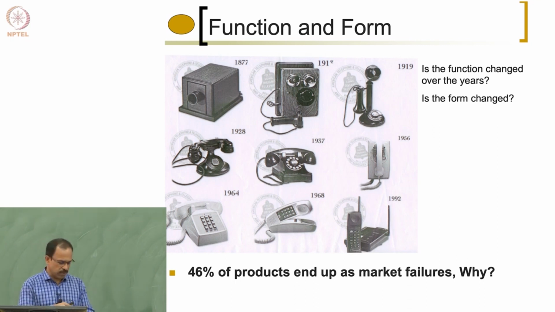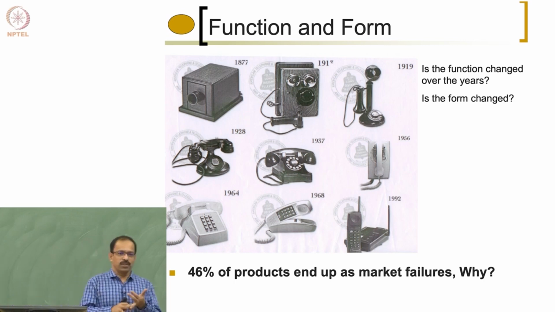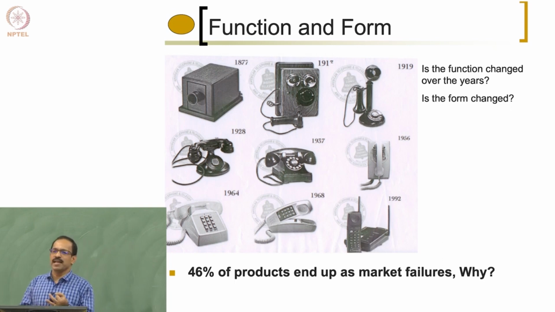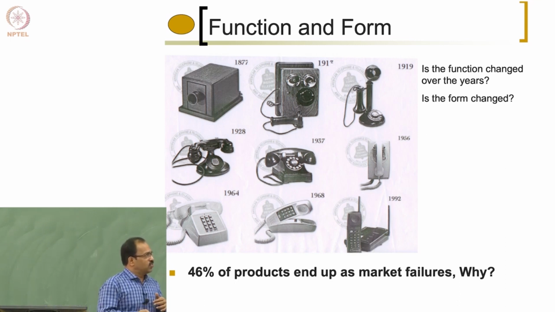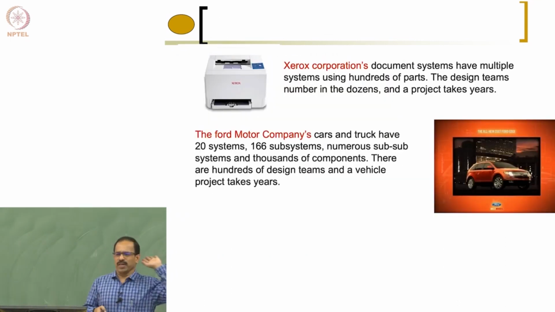So let me close this by telling you a few things on the product. Every time, please check whether the function changed or the form changed, and if there is a change in the function and form, what actually led to that change. Okay, this is basically for your information.